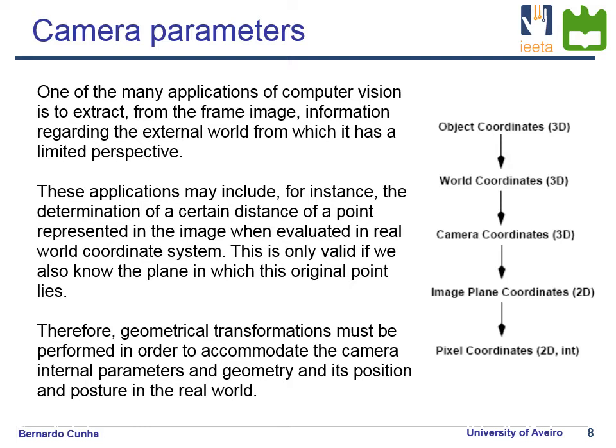If it's looking upwards, it's seeing something in the world. If it's looking downwards, it's seeing something else. If it's looking from a certain plane which is not parallel to any of the three main planes, then we have a particular posture, and we have to know something about that posture if we want to extract real information from the external world.